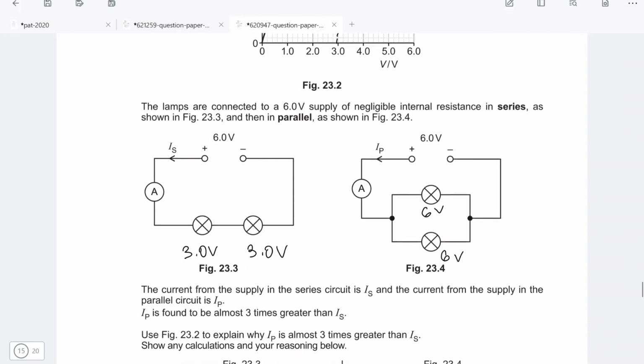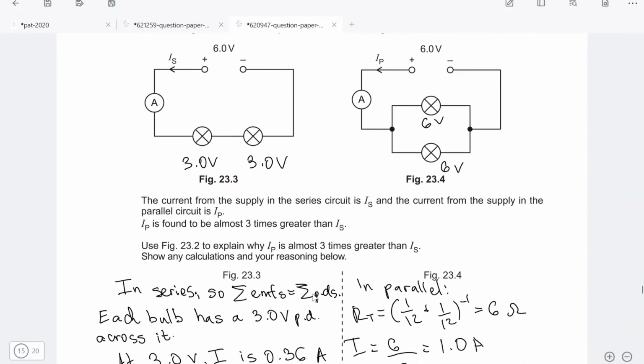Now, the lamps are connected to a 6-volt power supply, and in the first case, they're connected in series. So this would mean that each of those lamps is going to have a potential difference of 3 volts across it, because the sum of the EMFs has to equal the sum of the PDs. This is, of course, Kirchhoff's second law.